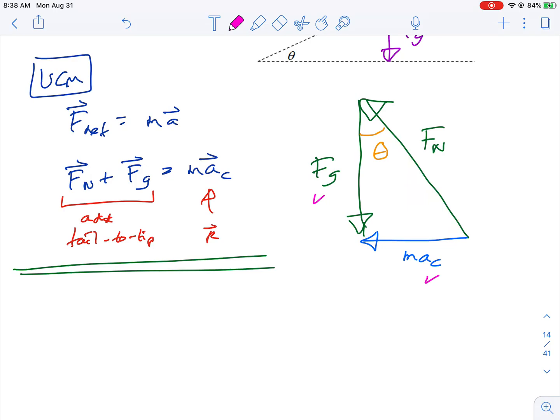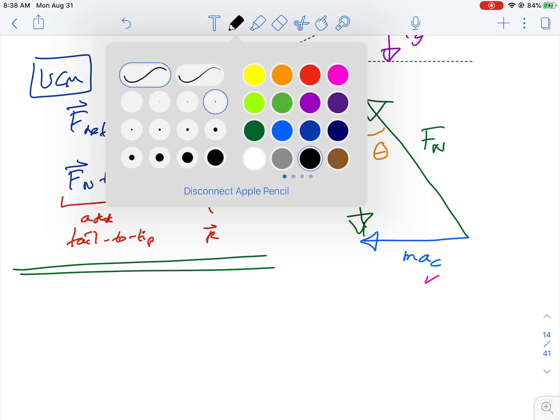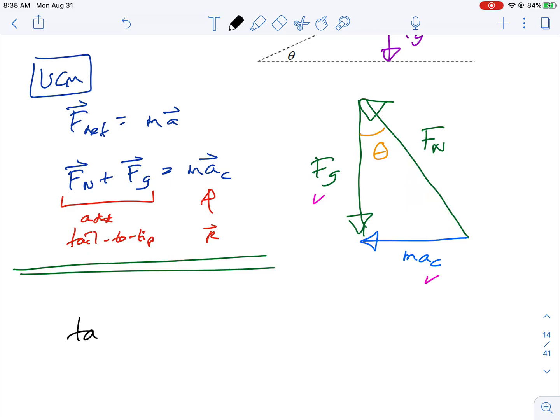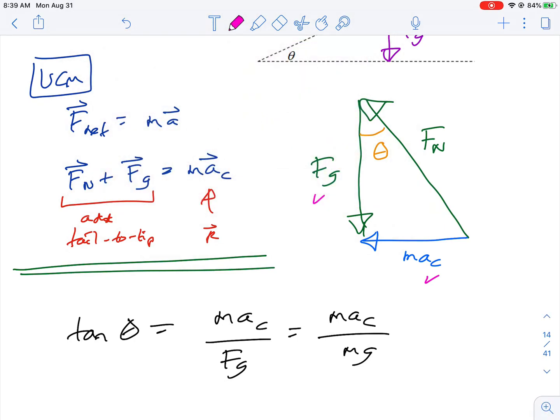That's opposite adjacent, that's tangent. So we end up having that the tangent of theta will be equal to MAC over FG, or MAC over MG. And notice that the m's cancel.